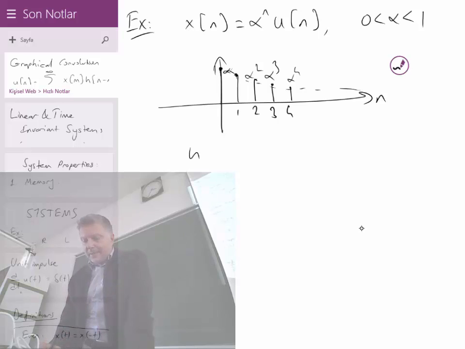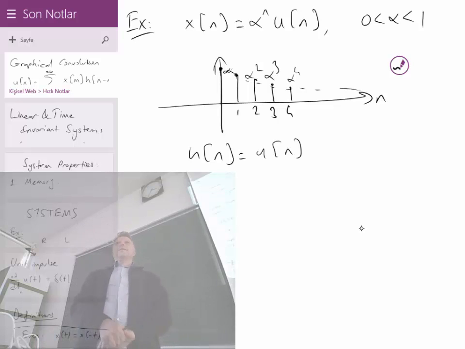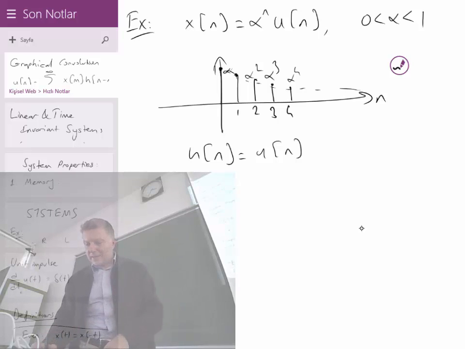Besides, look at the impulse response. h of n is equal to u of n. So the impulse response is also infinite extent. It starts at the position of the impulse, but then it stays. It's like a capacitor sort of thing. Okay? This is the impulse response. And it is, again, infinite extent.